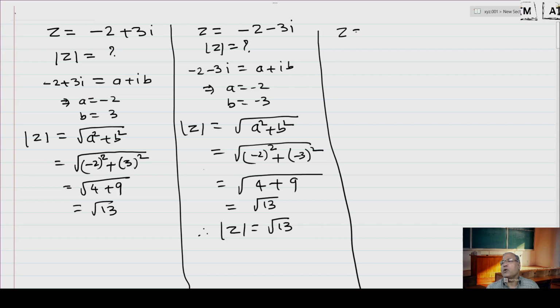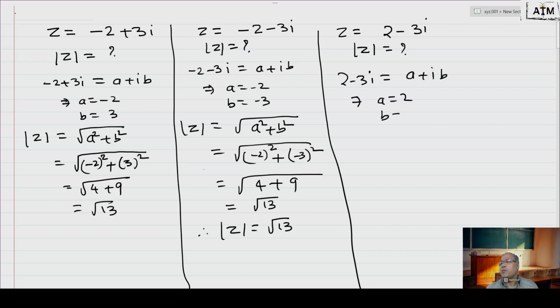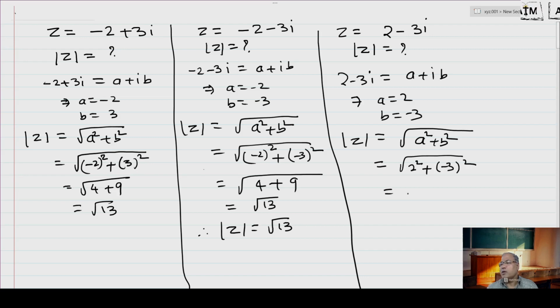Now suppose the imaginary part is negative. Find the modulus of the complex number 2 minus 3i. As usual, comparing 2 minus 3i with a plus ib, a equals 2 and b equals minus 3. Then the modulus equals the square root of a squared plus b squared, which equals the square root of 2 squared plus (minus 3) whole squared, equals the square root of 4 plus 9, equals root 13.